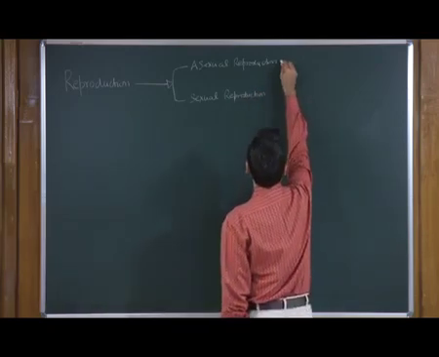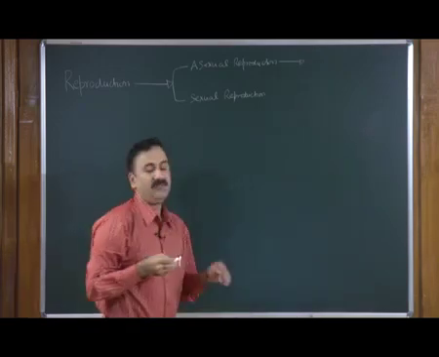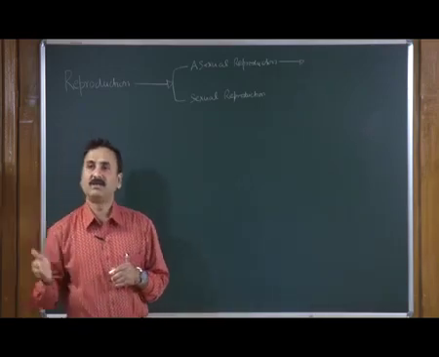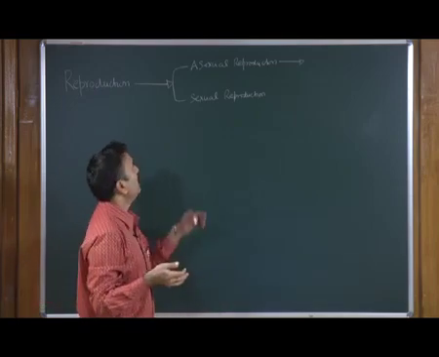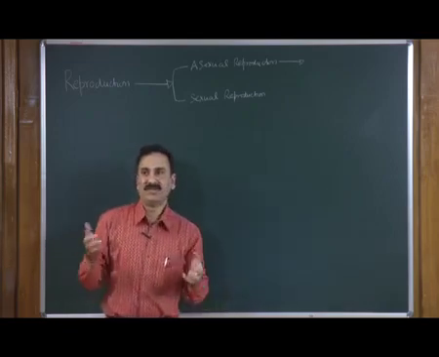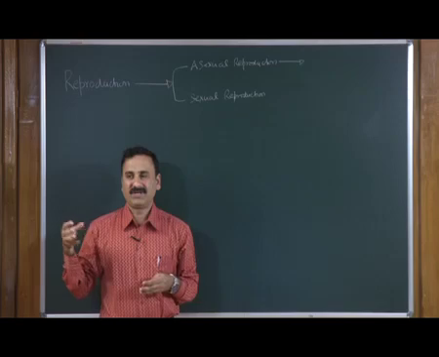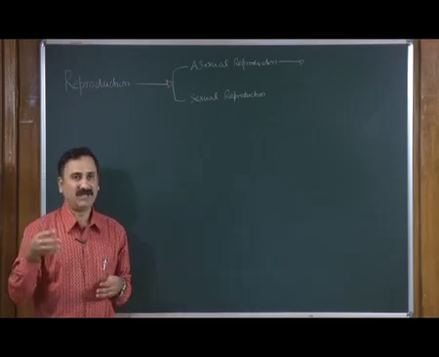Asexual reproduction means that the vegetative part of the plant will give rise to a new plant. In asexual reproduction, the plant reproduces itself and does not require the help of a specialized organ or specialized system.